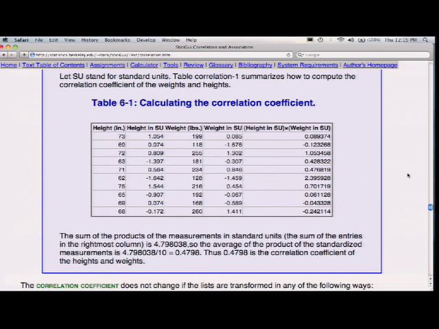So converting to standard units, because it subtracts the mean and divides by the standard deviation, any affine transformation I make to one variable is going to go away. So one of the reasons for going to standard units, what it means to be standard, is that it removes any affine transformation. After you transform things to standard units, anybody want to guess what the average of those numbers is?